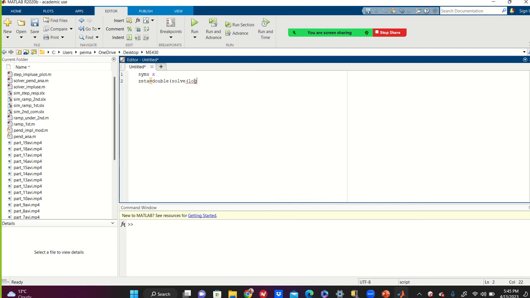So log of 0.25 plus pi multiplied by x, where x is the zeta you want to find, divided by the square root of 1 minus x squared. This is for this, this is for this, and this is for this. Everybody clear? This is solve, which we always do, right? I'm only changing it to a number by the double command. Understand everyone?